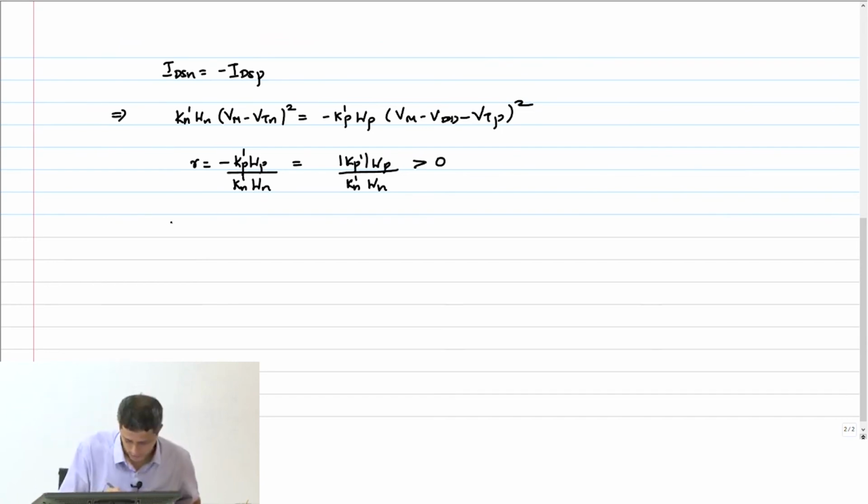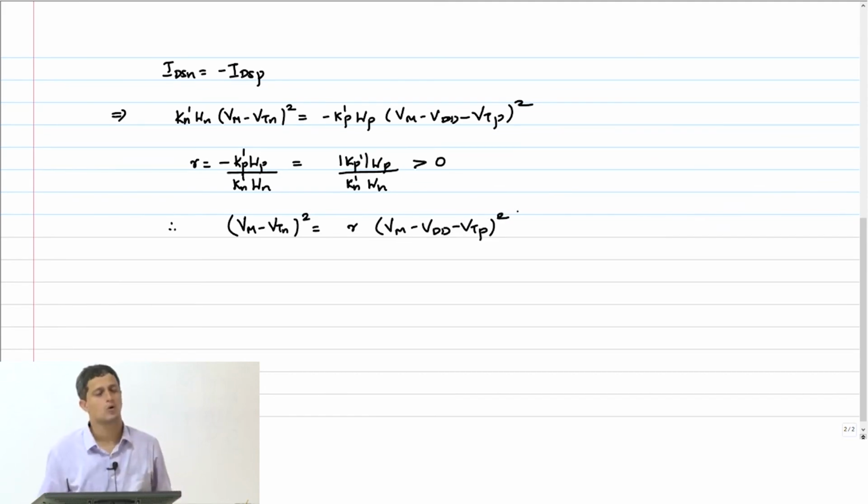Therefore I can say Vm minus Vtn whole squared is R times Vm minus Vdd minus Vtp whole square. Now I am going to go ahead and take the square root.